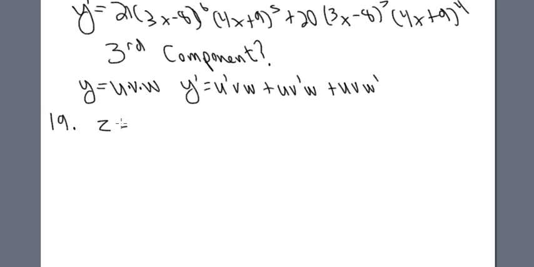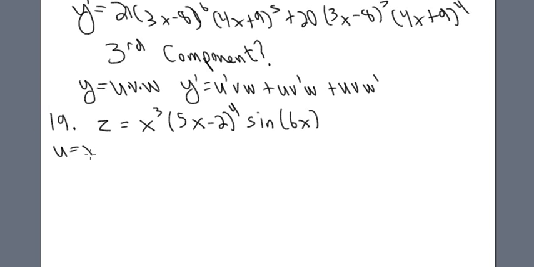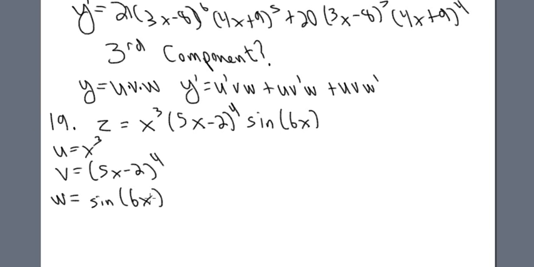So our function z equals x to the 3, parentheses, 5x minus 2 to the 4th, sine 6x. So, three components. My u is x to the 3, my v is 5x minus 2 to the 4, and my w is sine 6x.